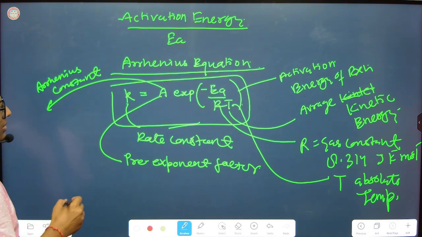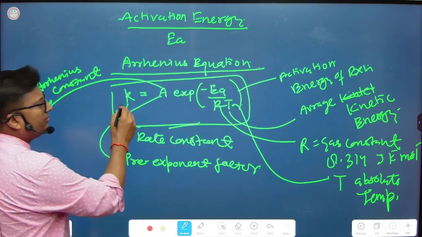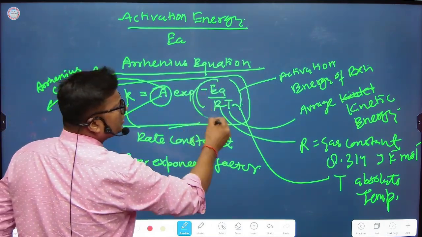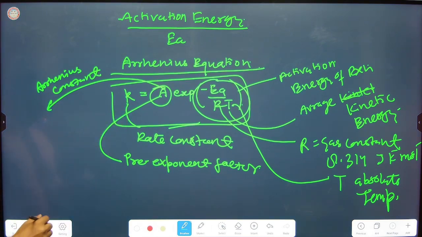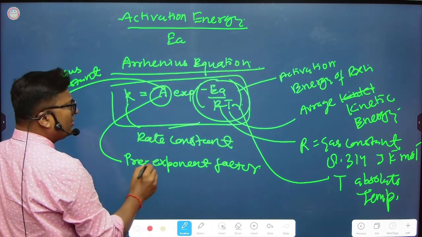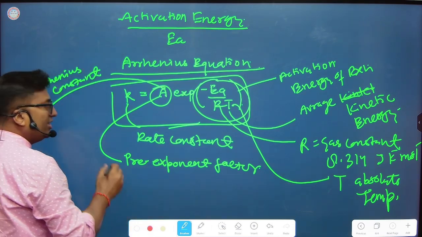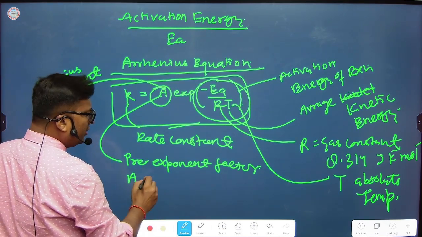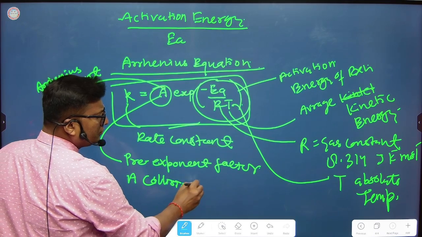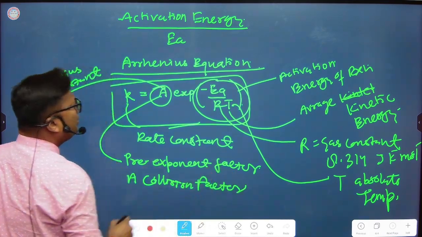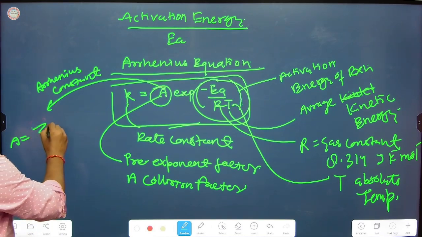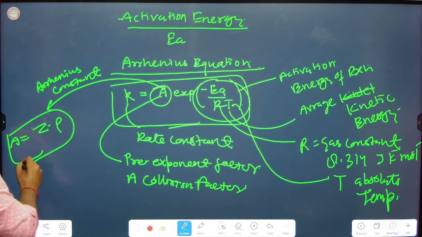Now this rate constant depends on this factor and these factors. Suppose A, so A is called the frequency factor, or simply you can say the collision factor. A is a constant, which is Z into rho, right? What is Z?